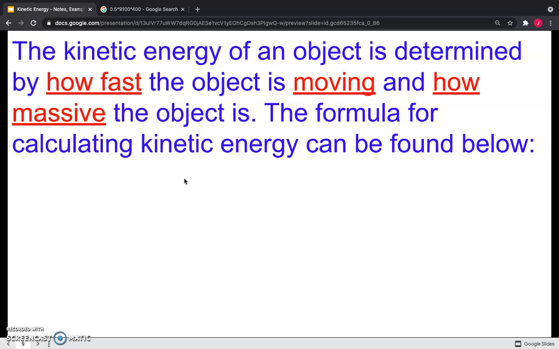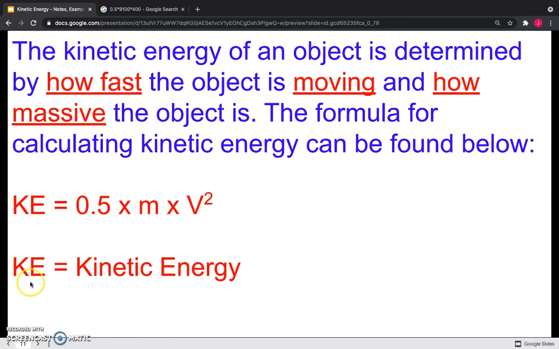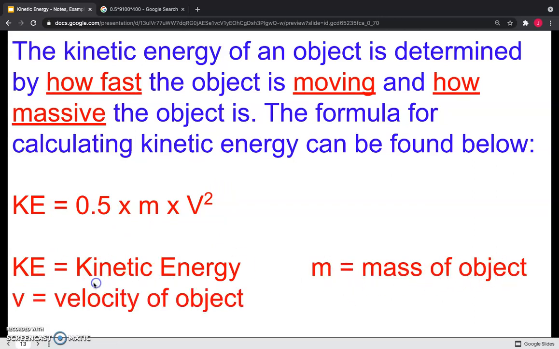The formula for calculating the kinetic energy can be found below. And so that's kinetic energy equals 1/2 times mass times velocity squared. So KE is kinetic energy, m is the mass of the object, and v is the velocity of the object.